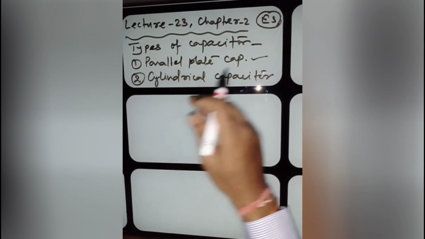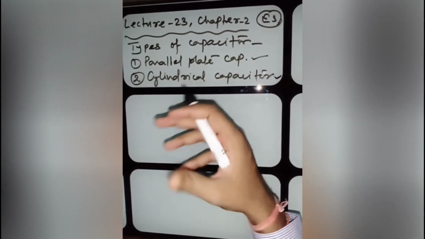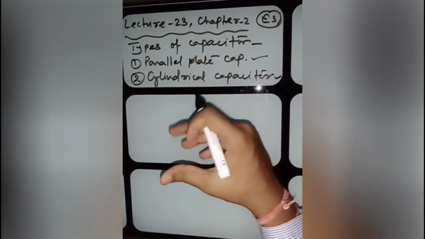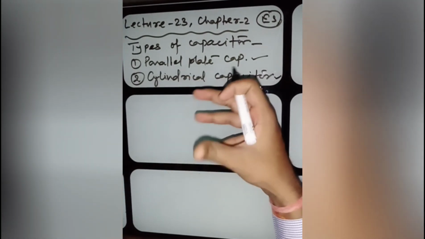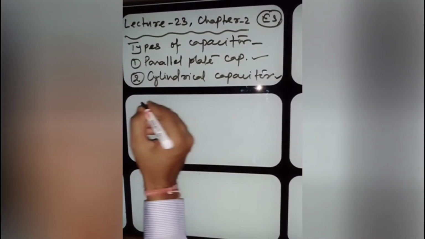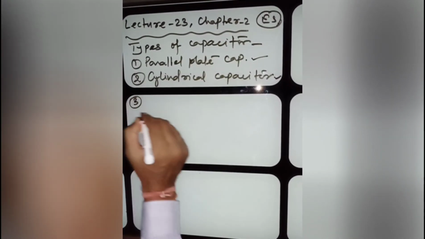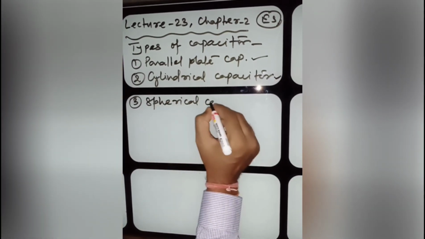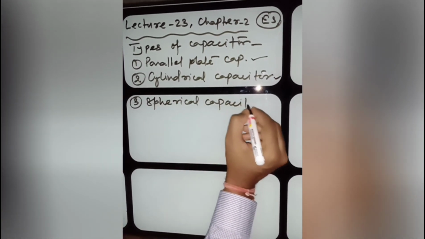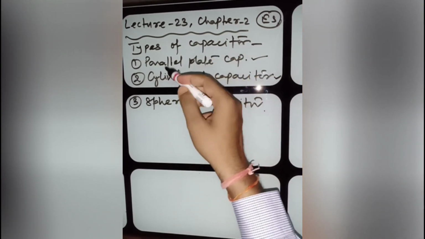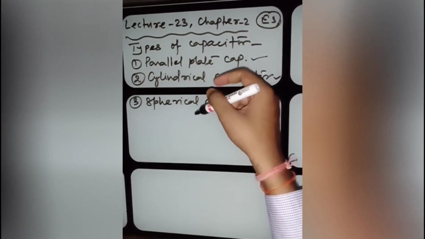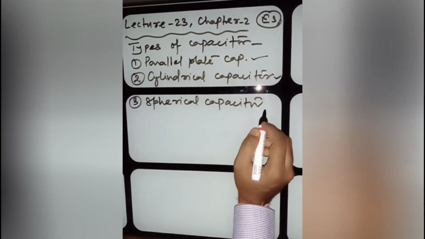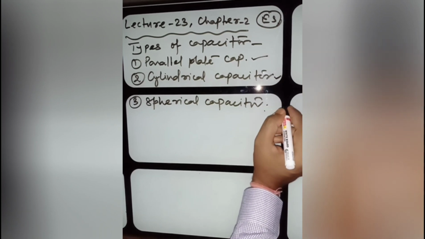Cylindrical capacitor you can see even in your household circuit, like in electric fan, in your water electric motor, etc. Third, it is the spherical capacitor. Actually, these all are the structure-wise names of the capacitor. My dear students, this spherical capacitor also you will hardly see.